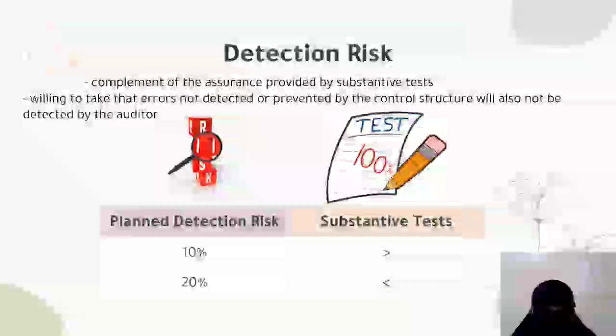Because detection risk is the complement of the assurance provided by the substantive tests. Hence, as the acceptable level of detection risk decreases, the assurance provided by the substantive tests should increase. So how? By applying more effective substantive procedures. Kaya, more substantive testing is required sa 10% na detection risk.